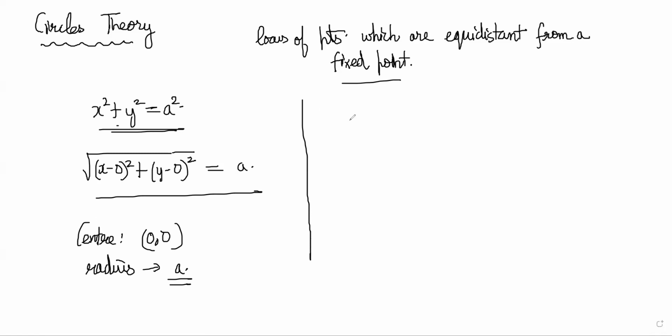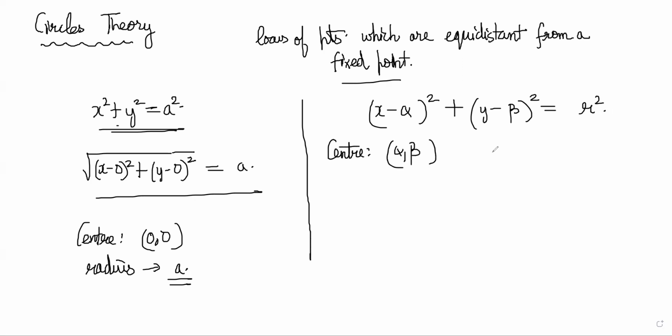However, obviously, circles can be such that they have center at a random point. So you could have center at a point, like let's say alpha comma beta, right? This is also a possible equation of a circle. Here center is alpha comma beta and radius is r, right?